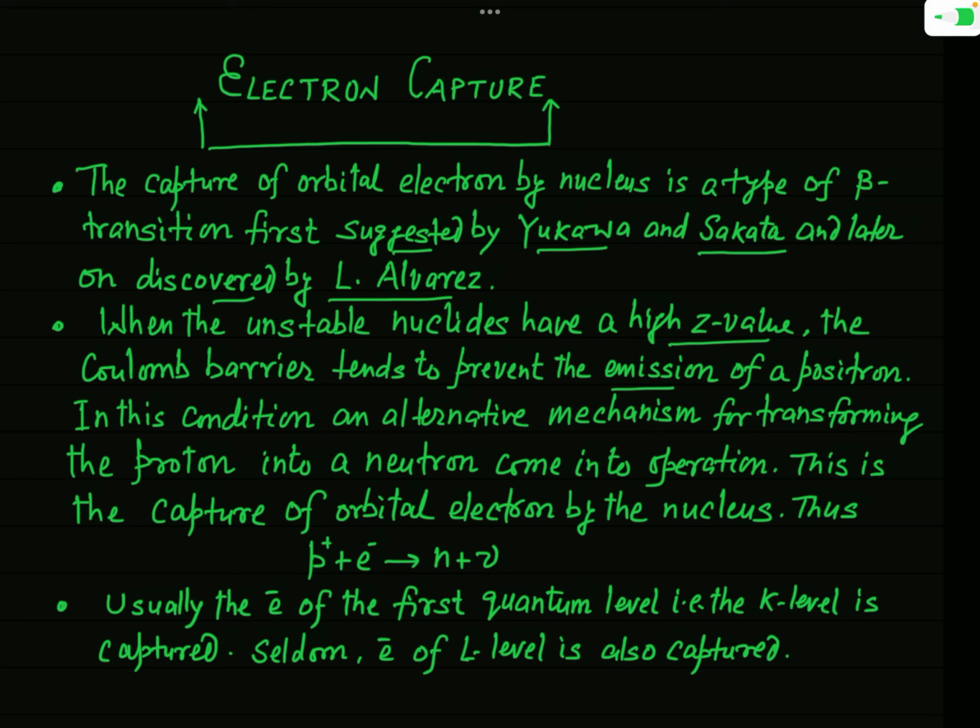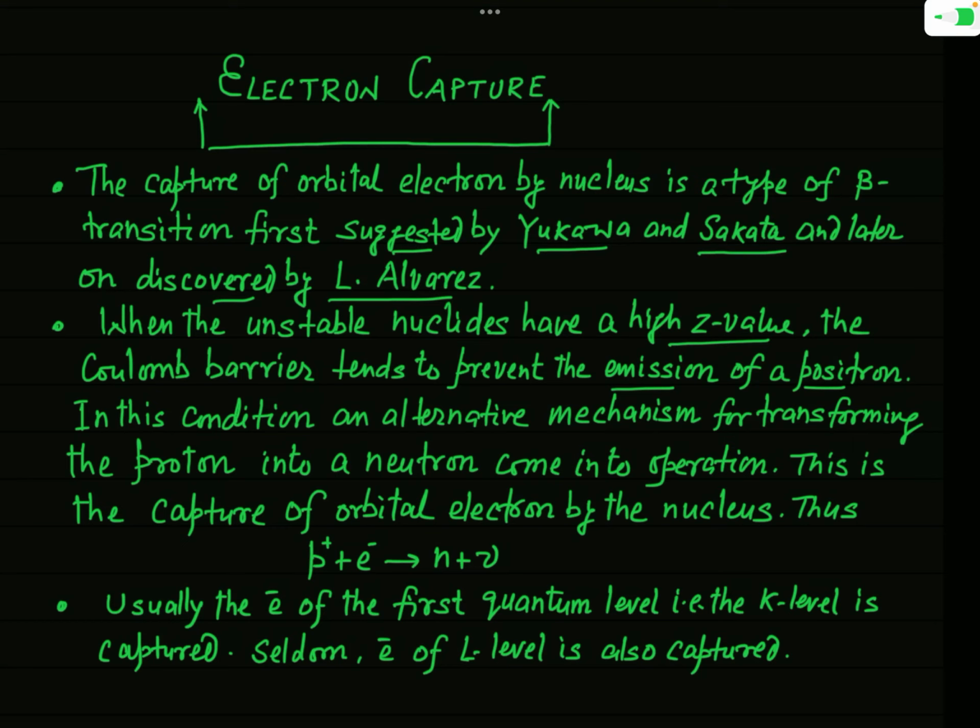You know that positron is emitted when the Z value is larger than required for stability. But if this Z value is very large, the Coulomb barrier is also very large and that prevents the emission of positron. But in this condition another phenomenon actually takes place.